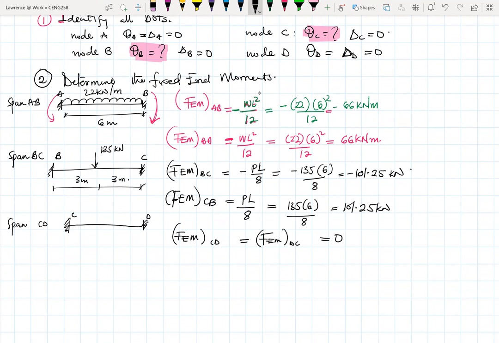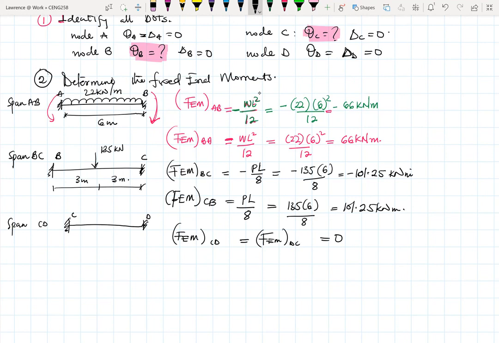So that's something to take note of. Sorry, it's moment, so it always has to be in kilonewton meters. So that is something to take note of.